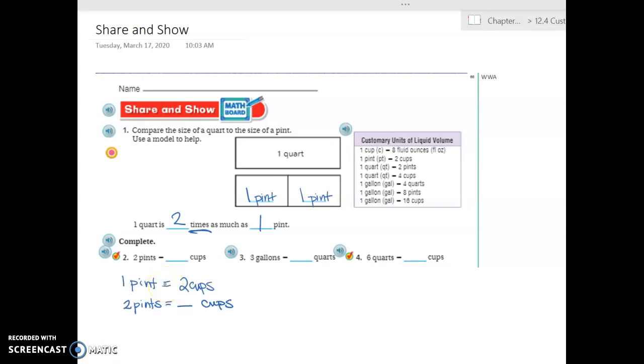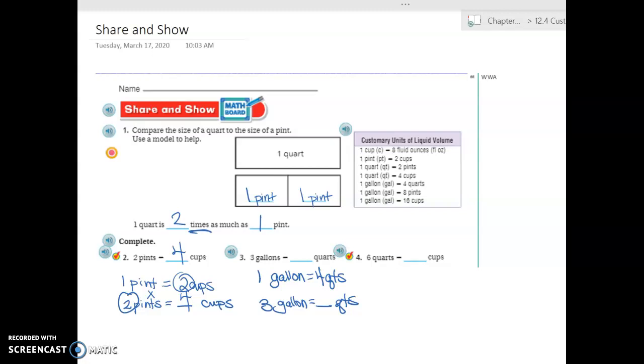So if we look over at the table, we know that 1 pint equals 2 cups, but we have 2 pints. So that would mean we have 2 sets of 2 cups, which would be 2 times 2, which would give us 4 cups. In our table, we know that 1 gallon equals 4 quarts, but we have 3 gallons.